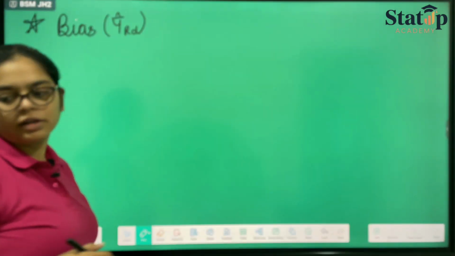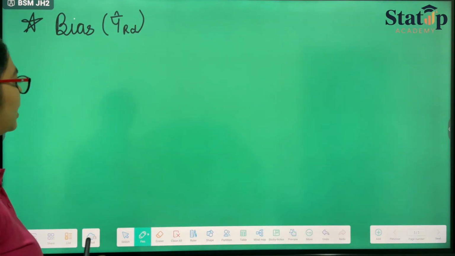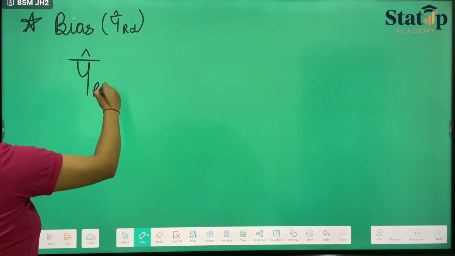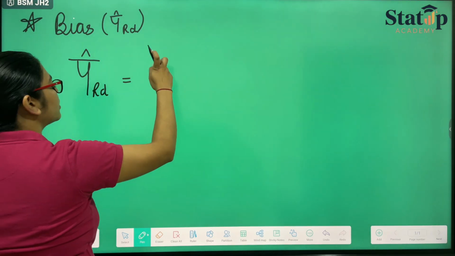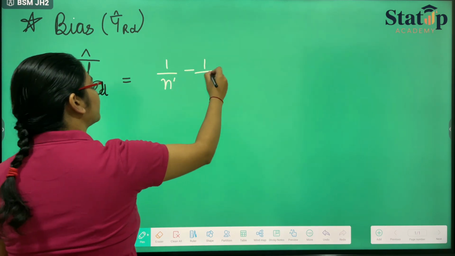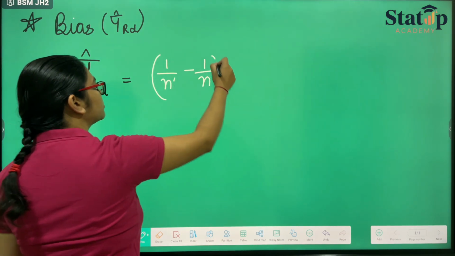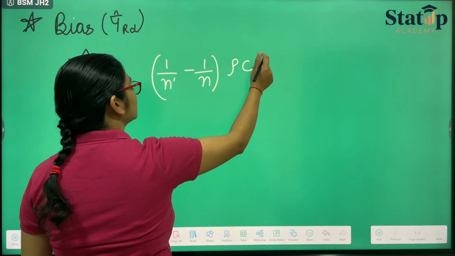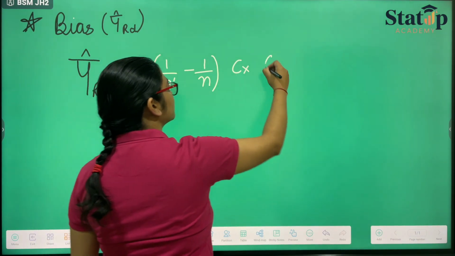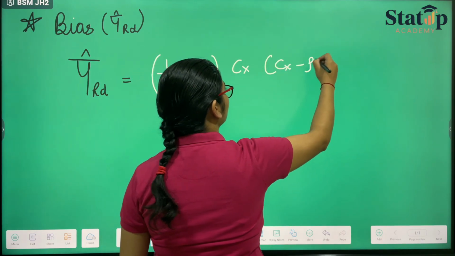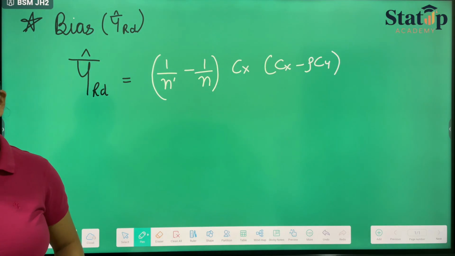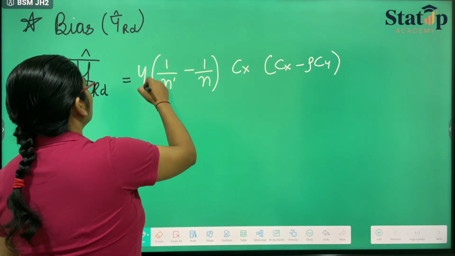Bias of ratio estimator in double sampling came out as 1 upon small n dash n prime rho cx cx minus rho cy. This was the bias that came out in the previous lecture.